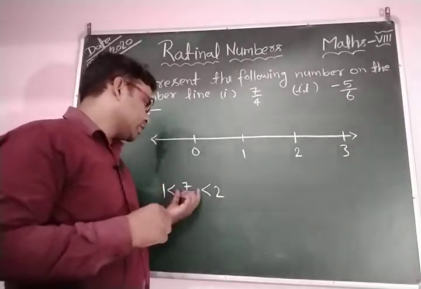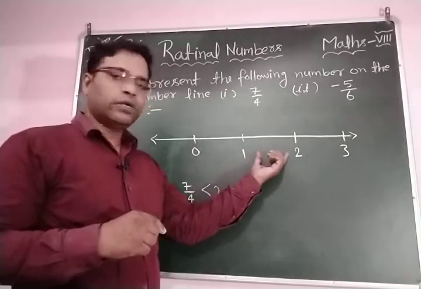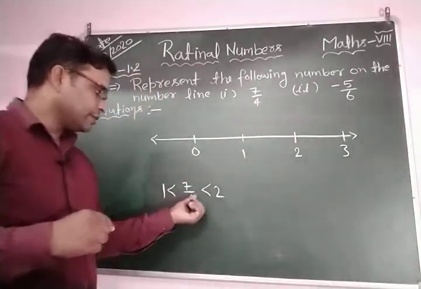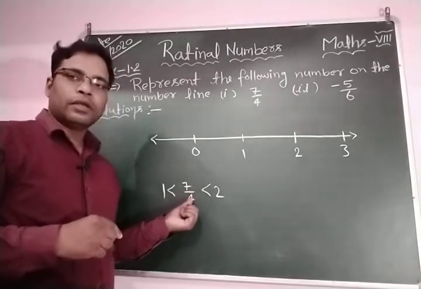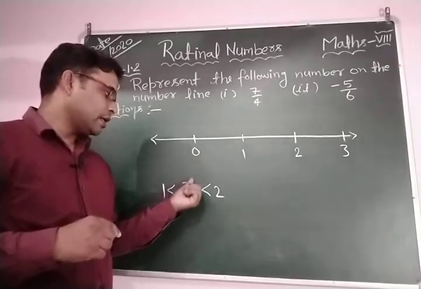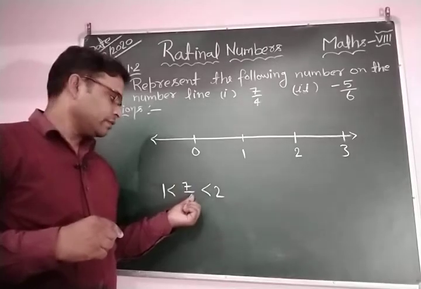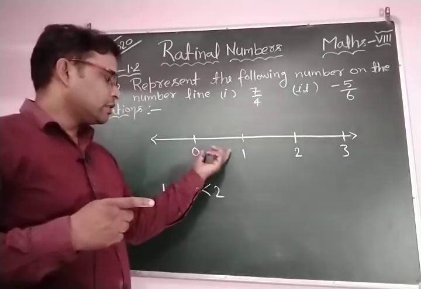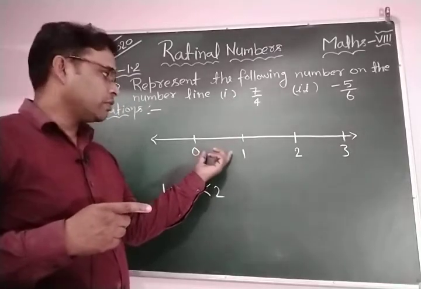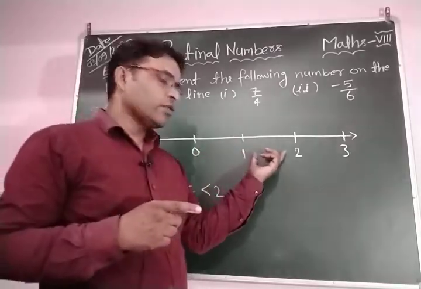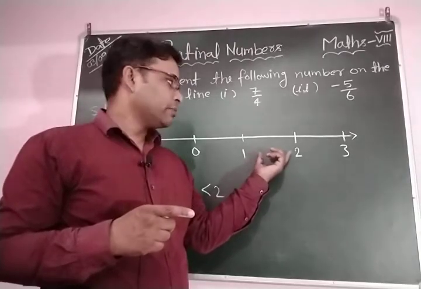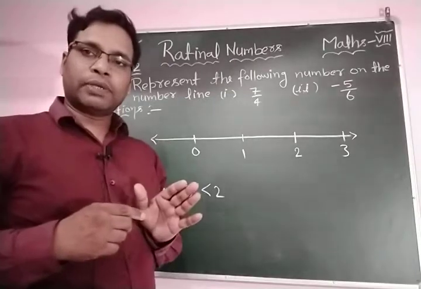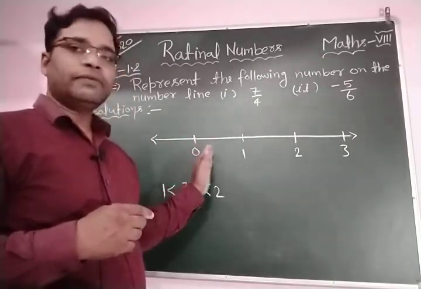It means that 7 by 4 lies between 1 and 2. The denominator of this rational number is 4. So we divide each line segment, 0 to 1 and 1 to 2, into 4 equal parts, and we take 7 parts from the right side of 0.